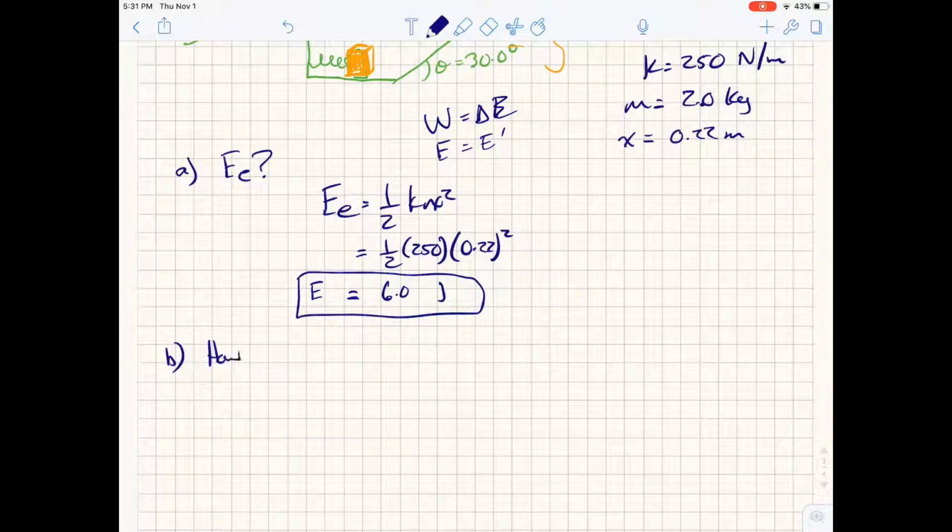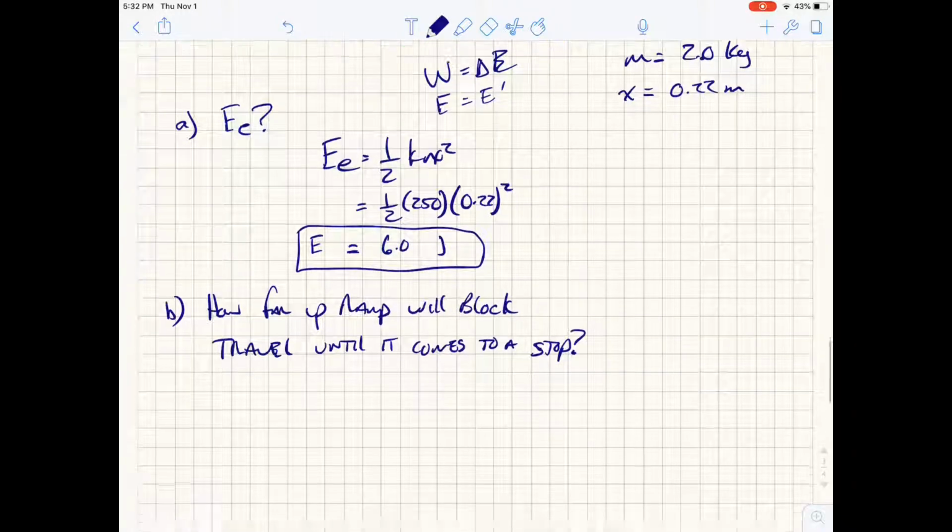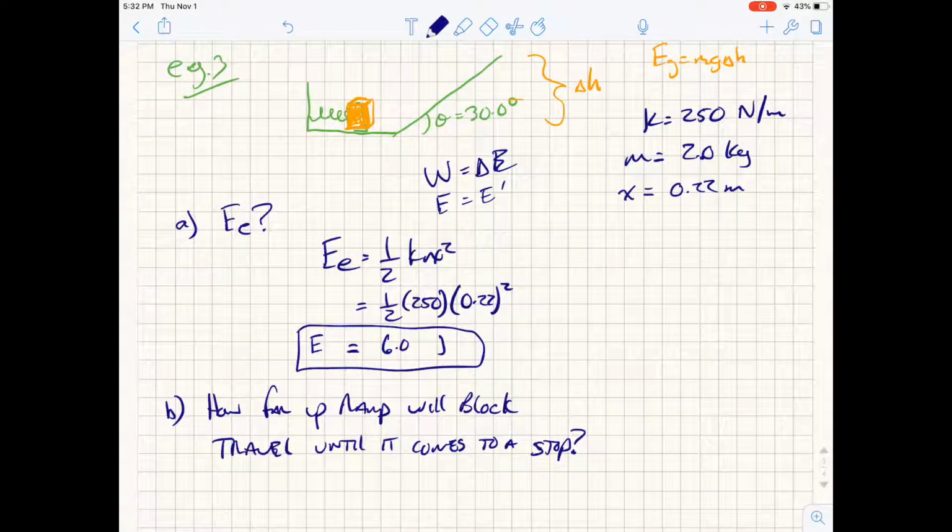How far up the ramp will the block travel until it comes to rest? Now this block is not hard connected to the spring. It's going to shoot out like a projectile. Okay, so let's take a look.